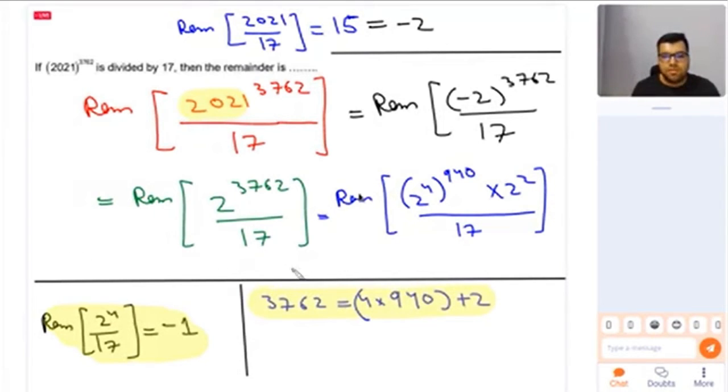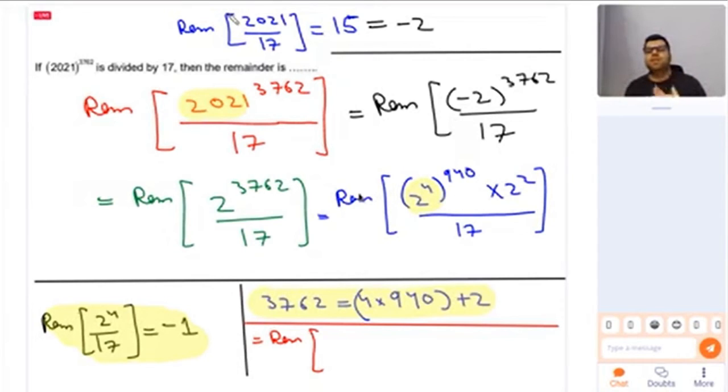This is equal to remainder of, so this 2 raised to power 4 is 16. 16 remainder with 17 is minus 1. Minus 1 raised to power 940, minus 1 raised to something even, becomes 1 only.